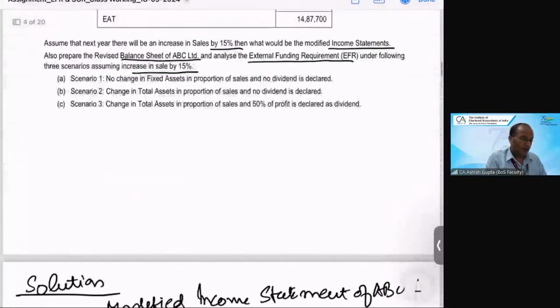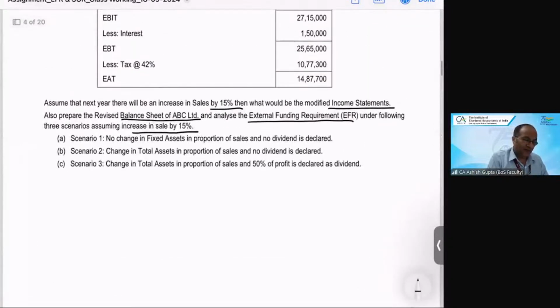Okay, now here we have come out with the first part of our question, that is we have to prepare the modified income statement. Now the next question is how much external funding shall be required if there is no change in the fixed assets in proportion to sales and no dividend is declared.